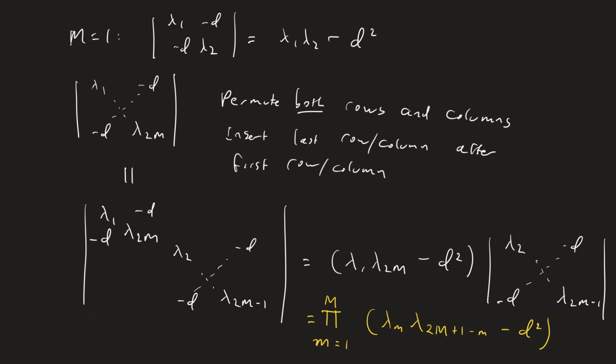This means that we can use induction to prove that the determinant in the general case is going to be equal to this expression here. Indeed, the determinant of this is the determinant of the upper block, which we know from before is just this guy here, multiplied by the determinant of the lower block, but that's got the same structure as before, so we just iterate and we get this product here.